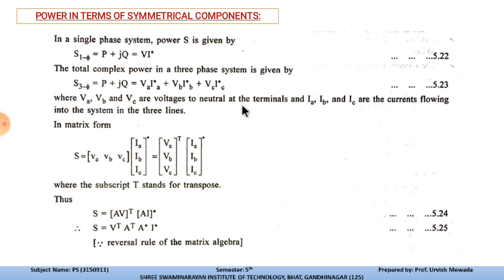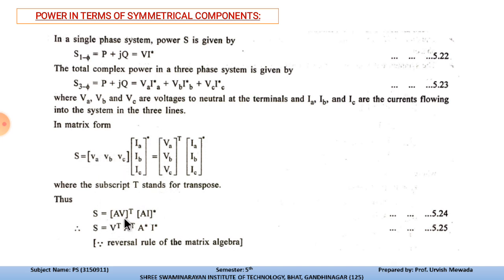So yes, we can write the equation in terms of a matrix. S is equal to (VA, VB, VC) transpose into (IA, IB, IC) conjugate, where the subscript T stands for the transposition of the matrix, we are taking row to column and column to row. So VA, VB, and VC was horizontal, it will become vertical.